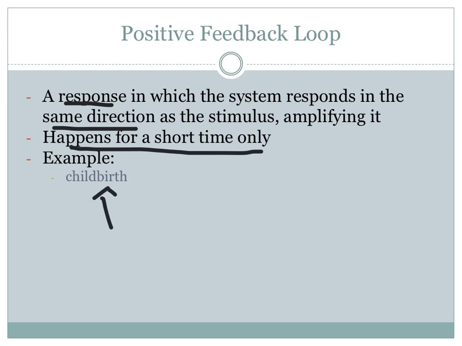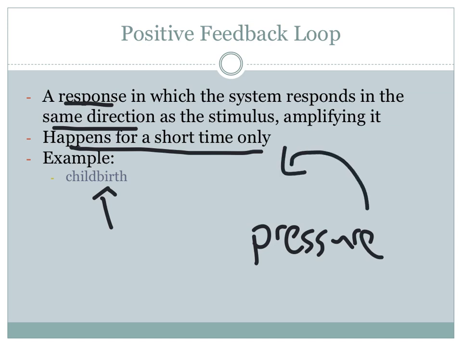So the way childbirth works is, when the baby's head is pushing on the mother's cervix, trying to exit the body, that's going to release a hormone, and that hormone travels to the brain. Okay, so imagine we have pressure on the cervix, and that releases a hormone.